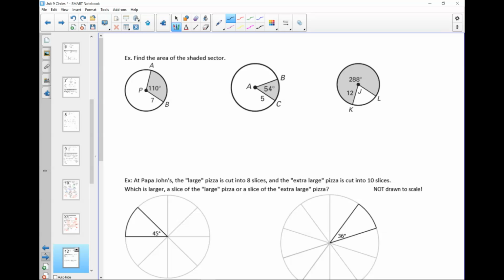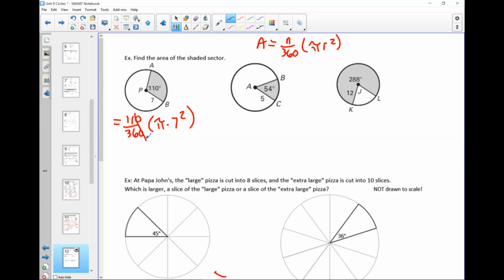Okay, to do this problem, to find the area, remember the area will be n over 360 times pi r squared. And when you're dealing with the whole circle, n is 360, which makes this 360 over 360, or 1. So, to do this one, 110 over 360 times pi times 7 squared.